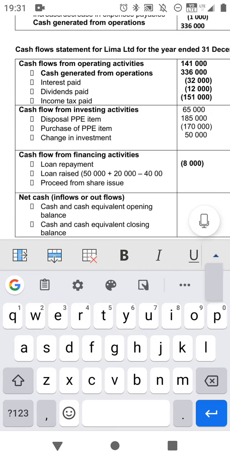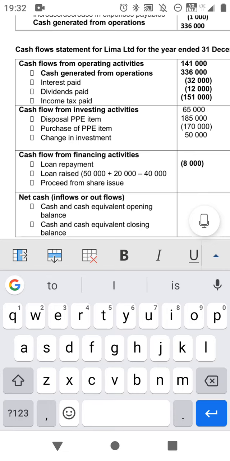Then, if you calculate all this, you will get 30,000. Okay? Then, after you have got that 30,000, you have to compare the 30,000 of last year at the beginning with the amount of this year. So the amount of this year was how much? Was 60,000.